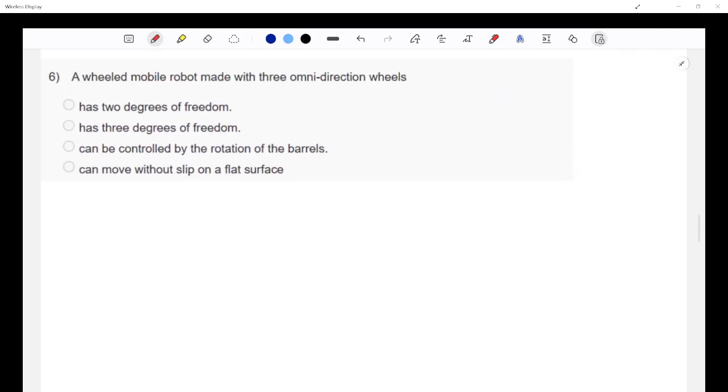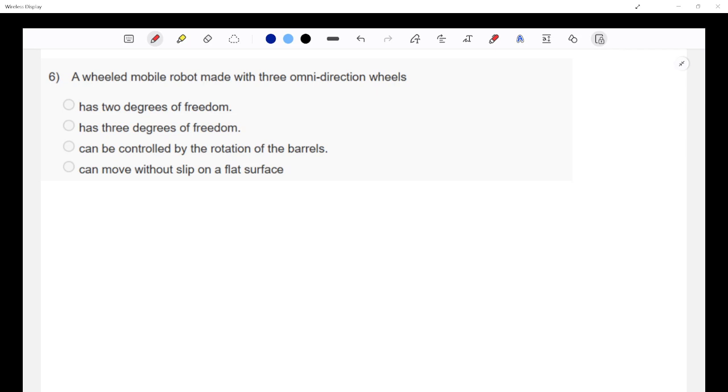A wheeled mobile robot made with 3 omnidirectional wheels has 2 degrees of freedom, has 3 degrees of freedom, can be controlled by the rotation of the barrels, can move without slip on a flat surface. Okay, so this basically checks your understanding of omni wheel kinematics versus conventional wheels, right?